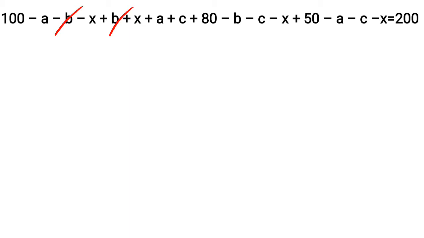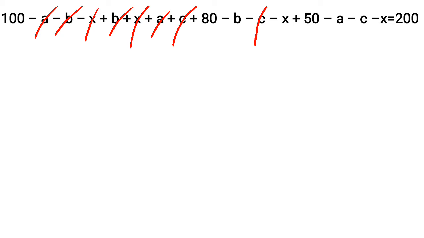I have a negative A here, then I have a positive A here, they can cancel. I have a positive C here, a negative C here, they can also cancel. And then I have a negative X here, which can also cancel a positive X here.